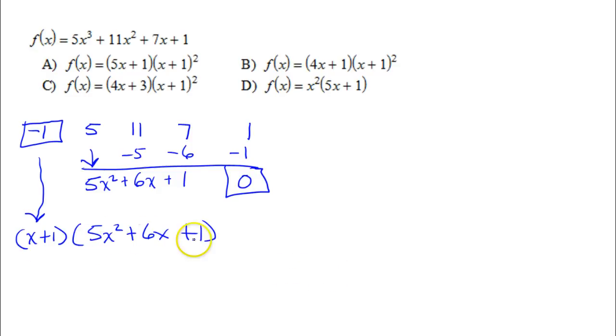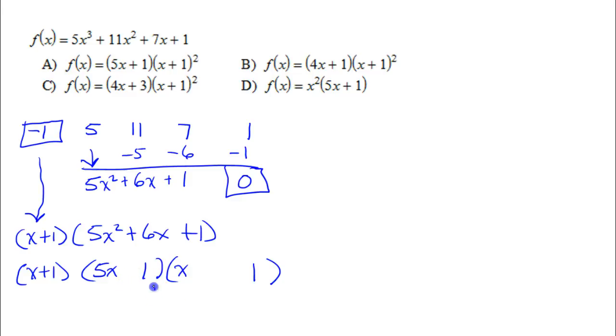I'm betting that this trinomial will factor further, so I'm going to use my inner plus outer equals middle philosophy. So 5x squared can only factor as 5x times x. 1 can only factor as 1 times 1. But I know that inner plus outer equals middle.